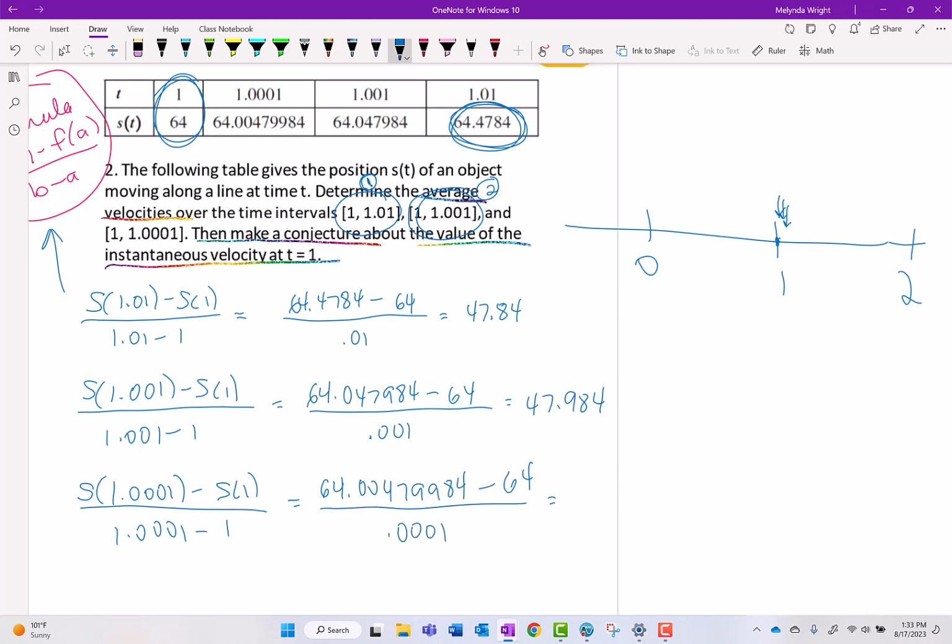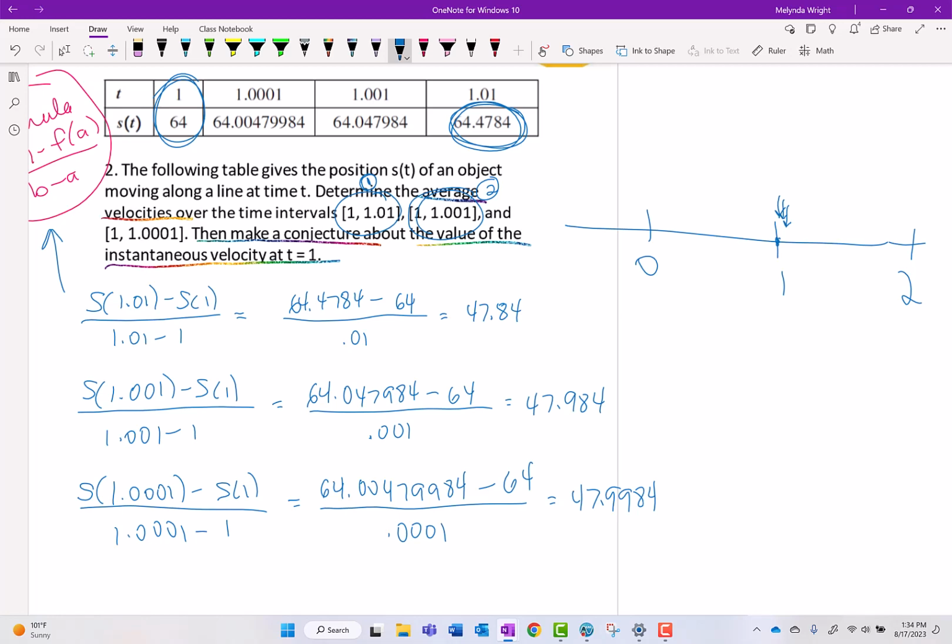Putting it in my calculator, I've got 47.9984. So the question we want to ask ourselves is, as we get closer and closer to 1, going from 1 to 1.01, 1 to 1.001, what's happening to our answer? Is it getting closer to a particular number? It's getting closer to 48.